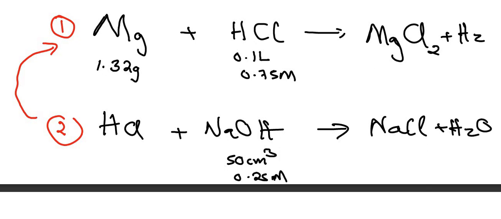That's how we know to say it's a back titration. But if they were asking us about something in the second equation, let's say the volume of sodium hydroxide, they would not have given us the volume of sodium hydroxide. They would have said find the volume of sodium hydroxide, meaning we're coming like this, and that's a forward titration.